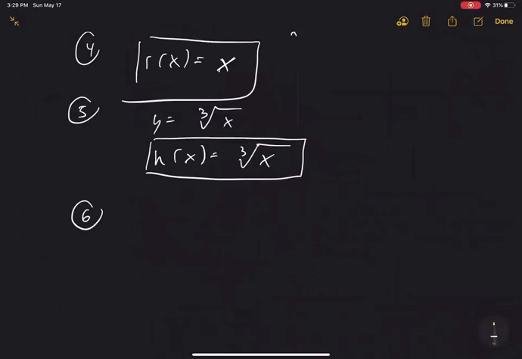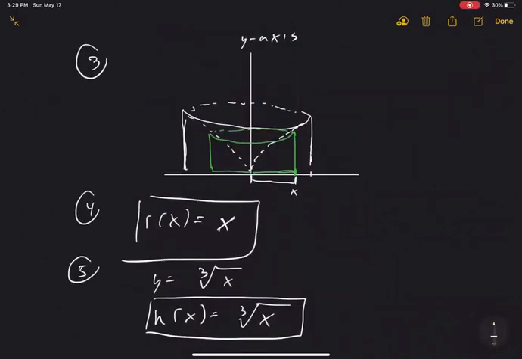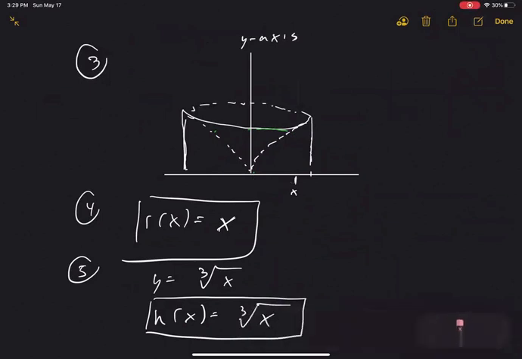Step 6, I need to find my bounds of integration. So I'm adding up the volume of all these cylinders, and as they get thinner and thinner, it becomes an integral. Where am I integrating? I'm starting at the line I've rotated around, my center line, and I'm rotating outward. So I would start here where my center line is, and I would rotate outward until my object ends.